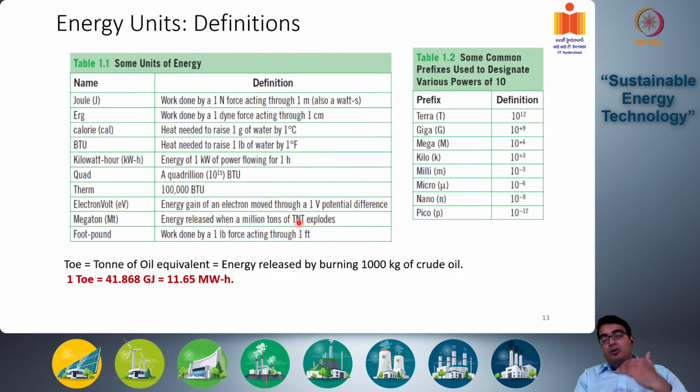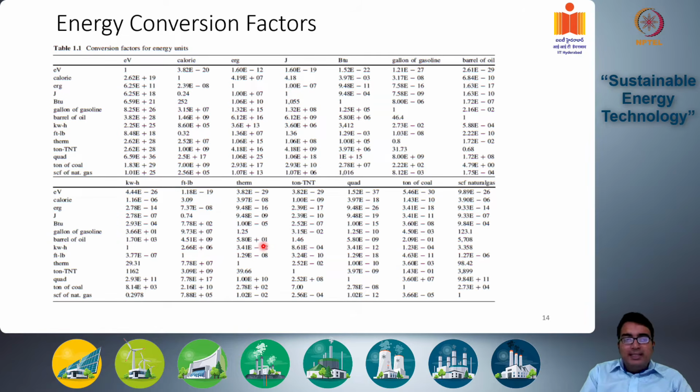Alright. So 1,000,000 ton is 1 giga kilogram, 1 teragram basically. Then you also have foot pound, the typical unit in an FPS system, the work done by 1 pound of force acting through 1 foot. So these are some of the energy conversion units.